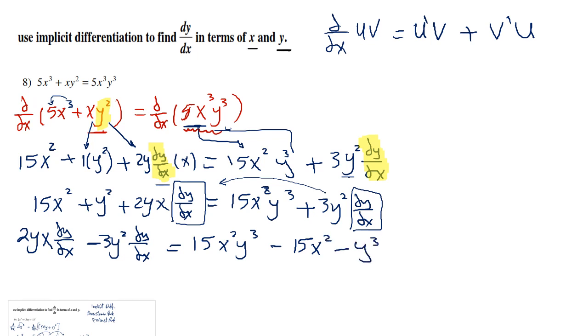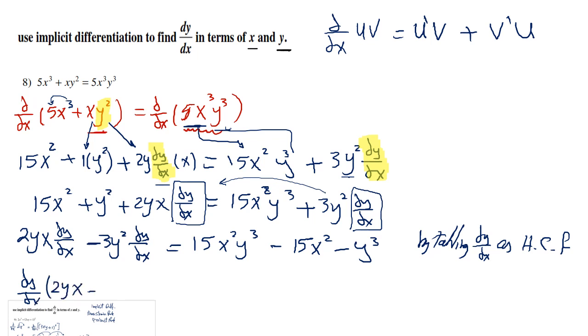By taking dy by dx as the highest common factor, dy by dx times 2yx minus 3y squared is equal to 15x squared y to the power of 3 minus 15x squared minus y power 3.